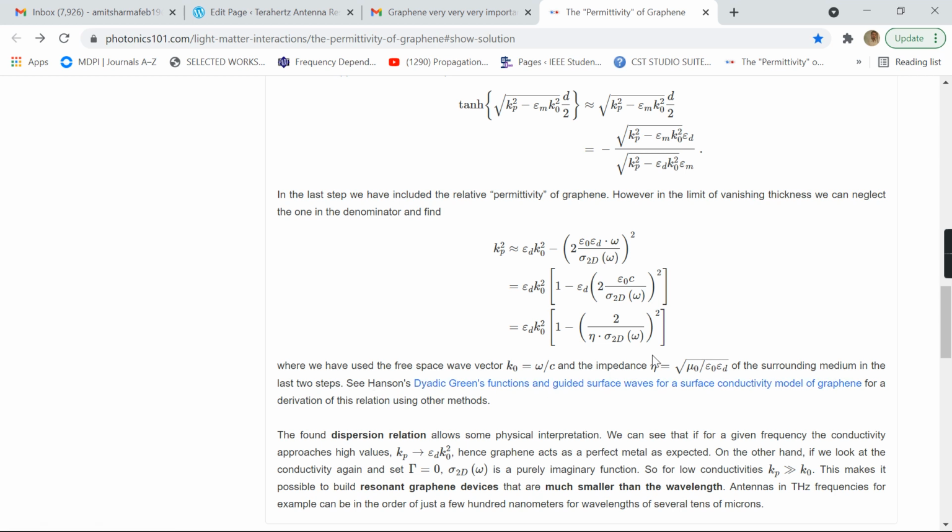So these two values are there. They are giving the reference also: Hansen's dyadic Green's function and guided surface waves for a surface conductive model of graphene. This is the paper they have taken reference from for a derivation of this relation using other methods.